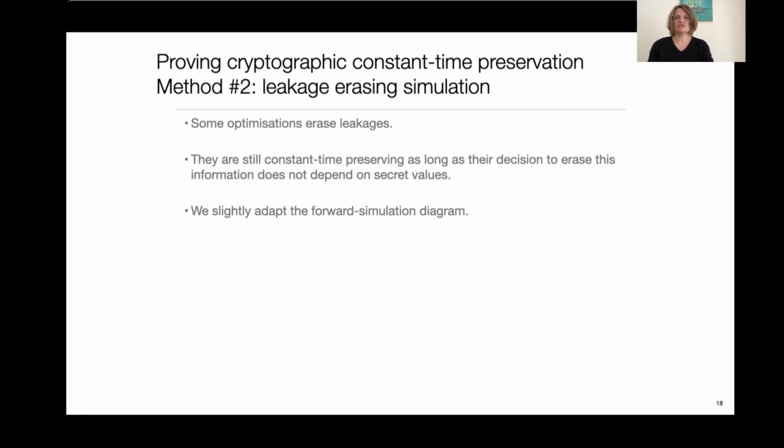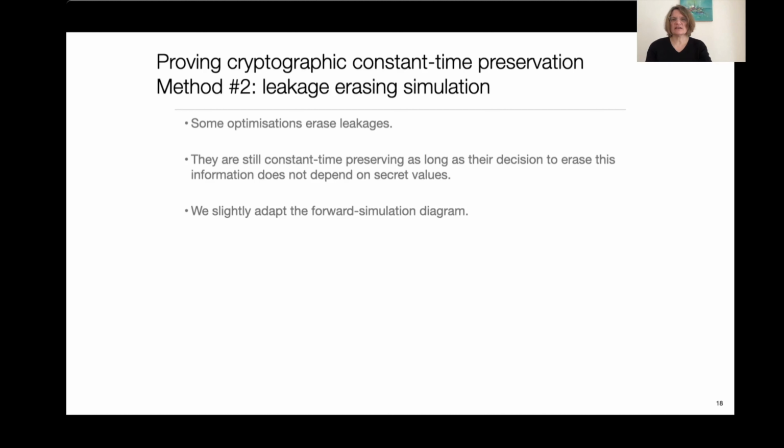Indeed, register allocation may replace a memory load by a load from a register, that is a different instruction which does not emit a leakage event. Such a transformation is still constant time preserving as long as its decision to erase this information does not depend on secret values.